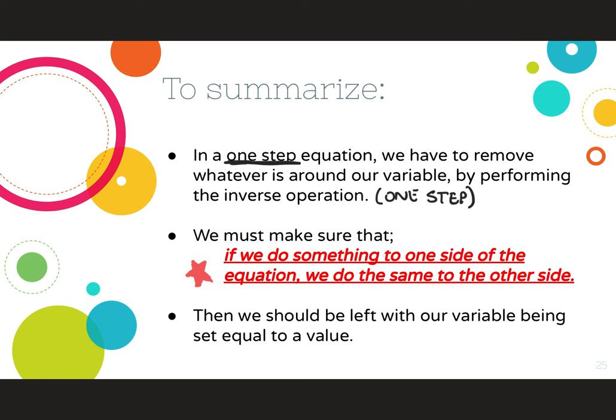And then variable set equal to a value. That's our goal. Okay, if we've done that, if we have one variable set equal to one value, one variable set equal to a value, we are done. And again, next class we'll learn to see how to see if we've done it correctly.